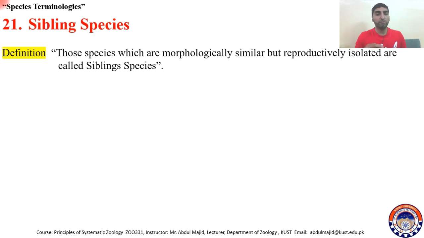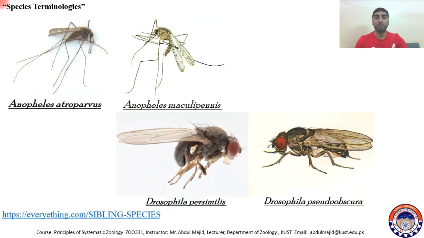But when you bring them together, they will not interbreed because they are reproductively isolated. Let me give you an example: Anopheles atroparvus and Anopheles maculipennis. These are morphologically similar, but they are different species. They are reproductively isolated.